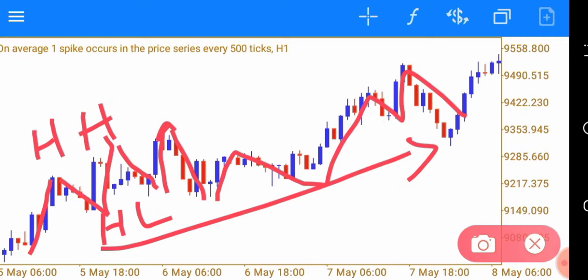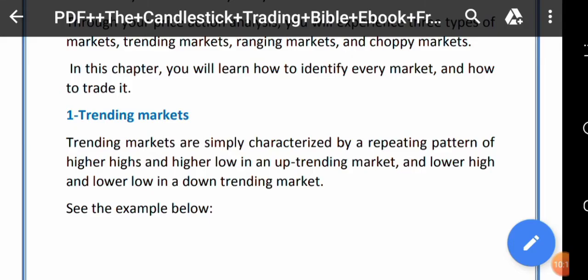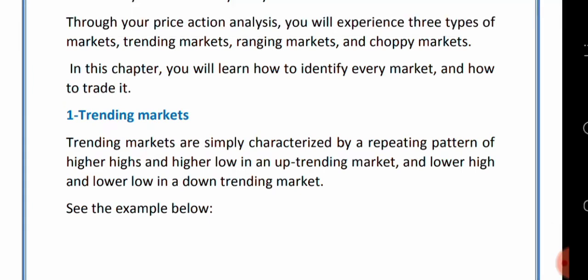Okay, let's go back. I demonstrated to you how to identify an uptrend, and I've shown you the higher highs and higher lows that make up our uptrend.